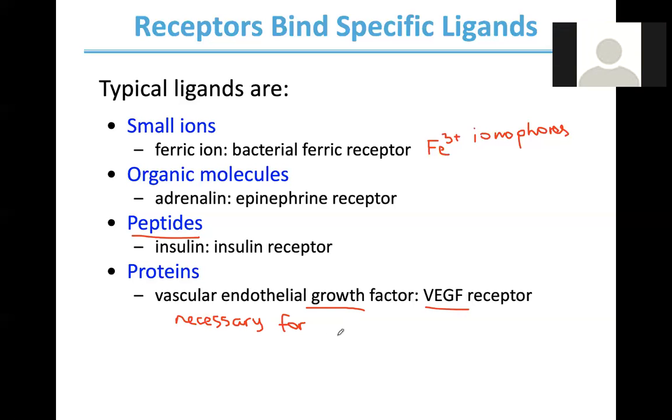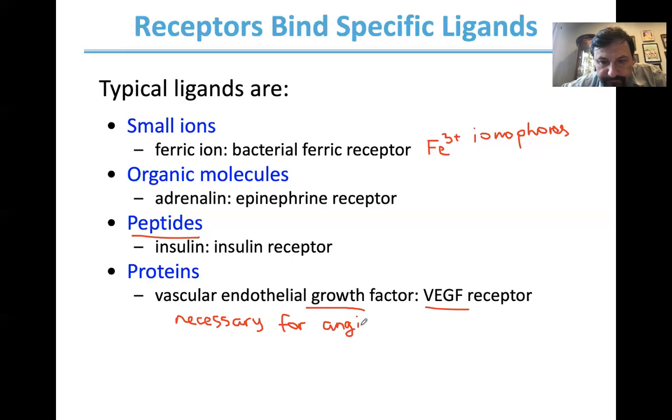Cause growth. Right, cell division, growth. That's right. So this is necessary for a process known as angiogenesis. Angiogenesis is basically the formation and growth of new vascular endothelial cells.